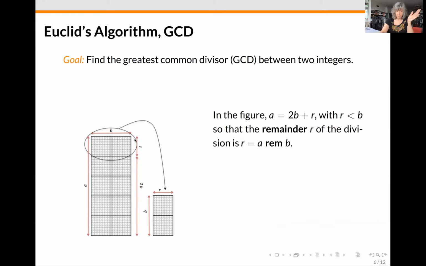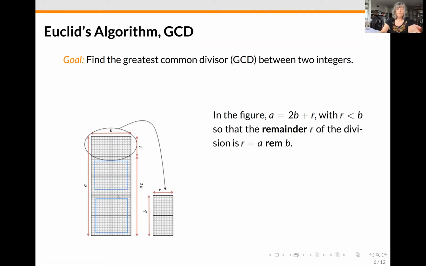Now, in this figure, if we divide A by B, we are going to obtain this whole square of size B by B, and this other square, which I'm drawing a little bit smaller so that you can see what I'm annotating.